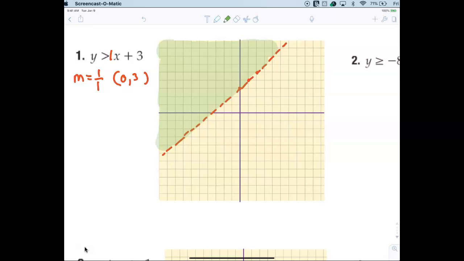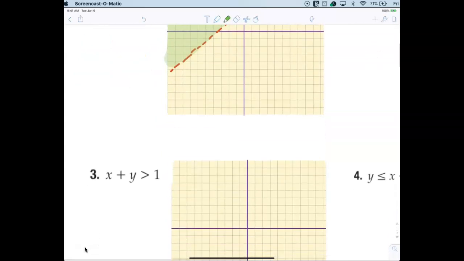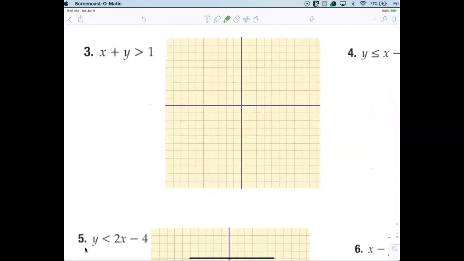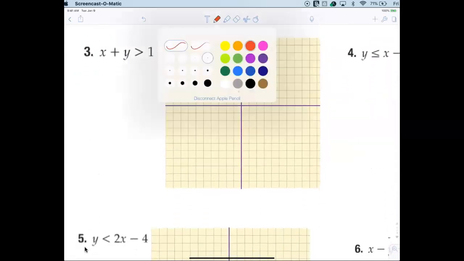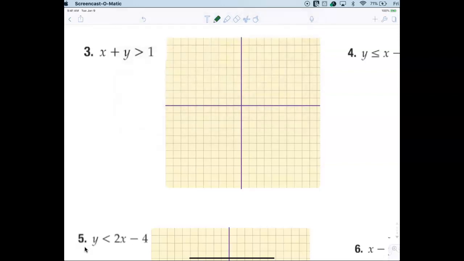All right, let's go down the page. What's the problem with number 3? It's not in the right format. So what do I have to do to the x? Move it to the other side.